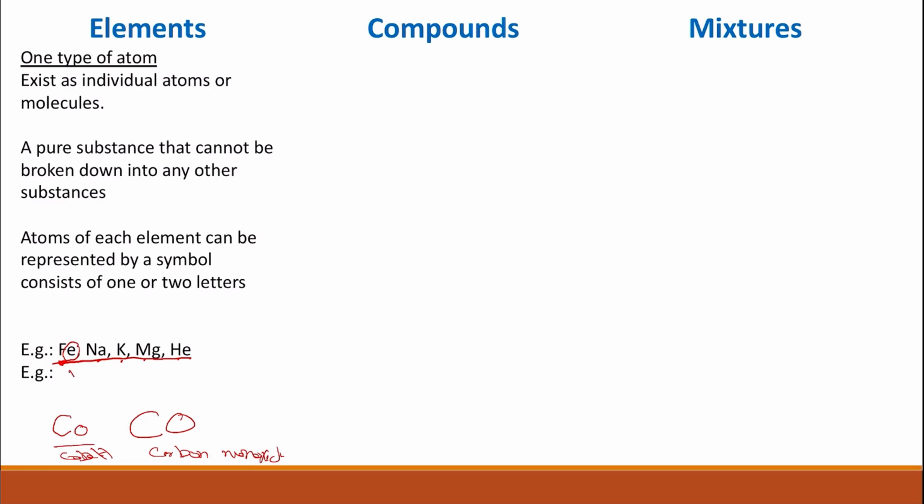So, for example, hydrogen, which exists as a diatomic molecule. So we write the number 2 next to the hydrogen, and then we also have nitrogen, oxygen, and something like chlorine. All of these exist as molecules. So you need to write correctly the symbol and the form of existence of that particular element.